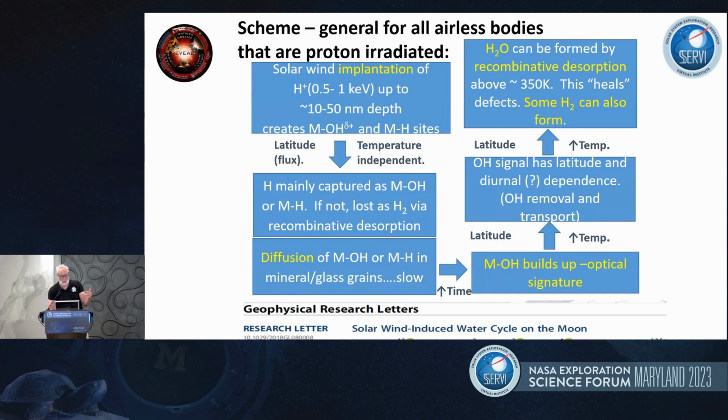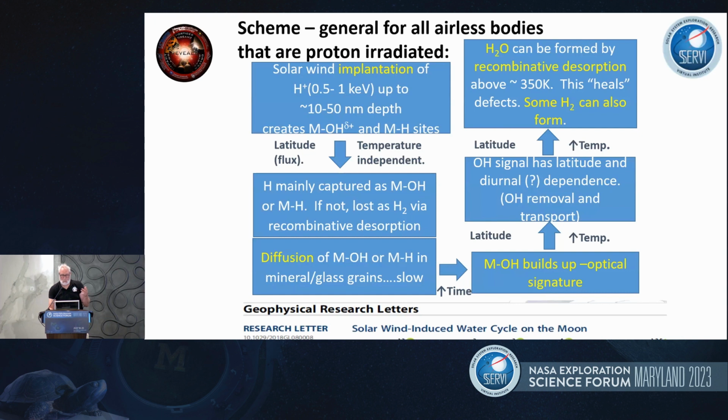This is latitude dependent because it's dependent upon the flux. It's temperature independent. These are very stable. They move around a bit, but what really moves around is the hydrogen atom, but we're not talking about that, because that's hydrogen atom motion, and the hydrogen molecule motion isn't observable in the OH stretch. Then this builds up and you get a latitude and temperature dependence of the signal, which Casey was talking about.